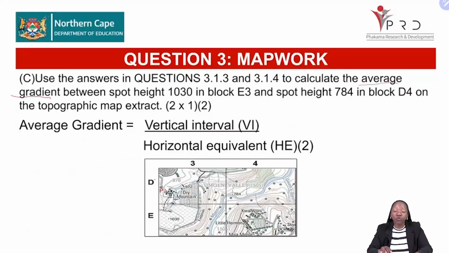Another 2 times 1, which means 2 things that you're supposed to do there. You already calculated in 3.1.3 the difference in height, and you already calculated the distance in 3.1.4. Now you're supposed to use those answers to calculate your average gradient. I'm going to give you 3 minutes, and then after 3 minutes, we'll proceed to our solutions.